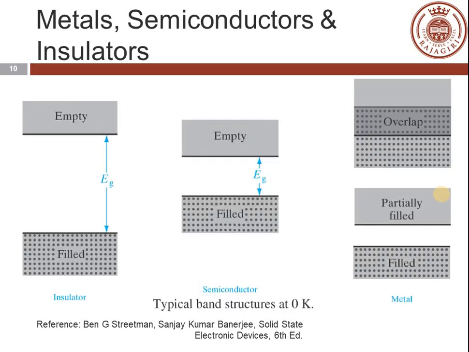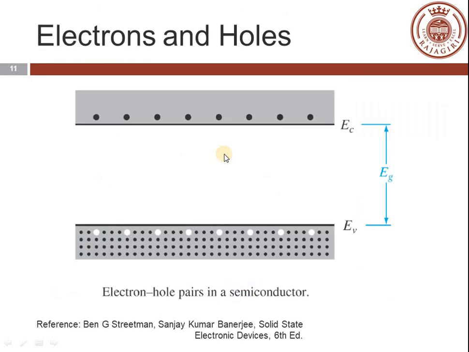Here we see the previous diagram. For a semiconductor we have seen a fully filled valence band and an empty conduction band, right? Suppose we are giving some sufficient energy, then some electrons in the valence band will move from the valence band to the conduction band. That is shown over here. The black dots are electrons. So when we apply some energy or some sort of excitation, electrons from the valence band will move to the conduction band.